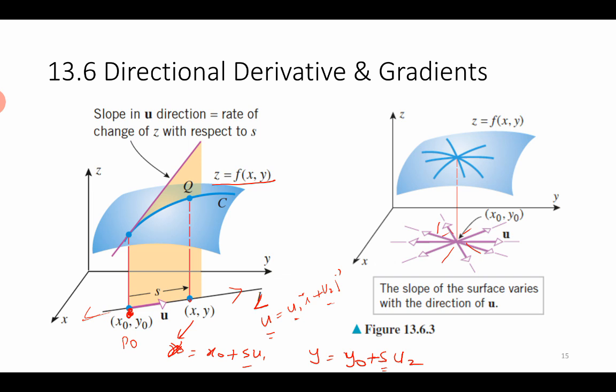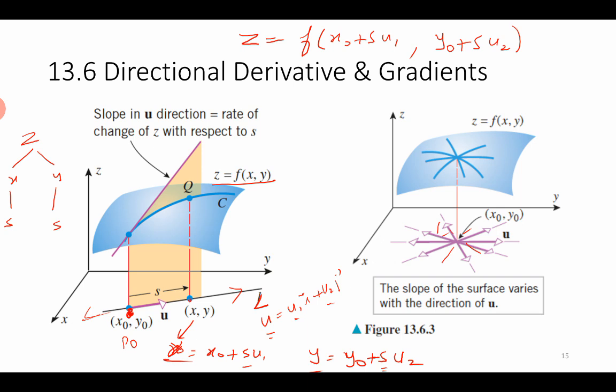When you substitute the values of x and y into z, what is your new z? z is f of (x0 plus s u1, y0 plus s u2). So now z is actually a function of two variables x and y, and x is a function of one variable s, and y is another function of the same variable s, isn't it?